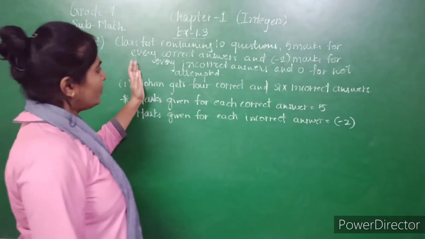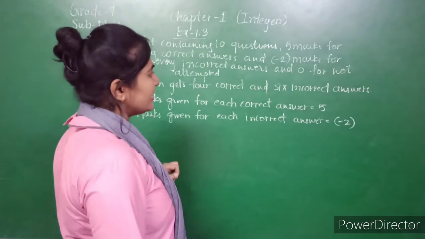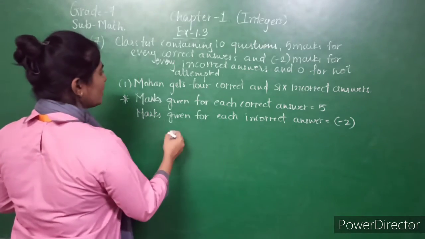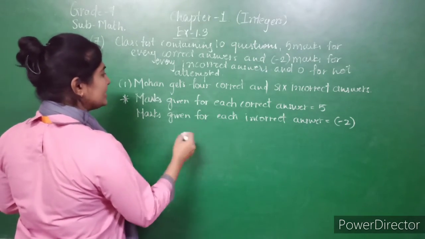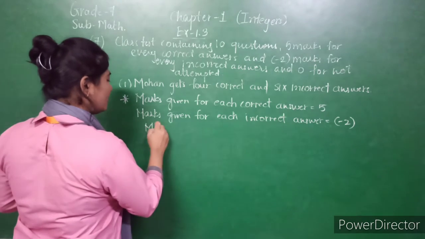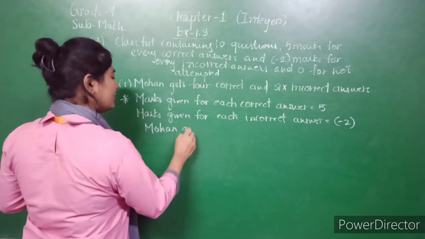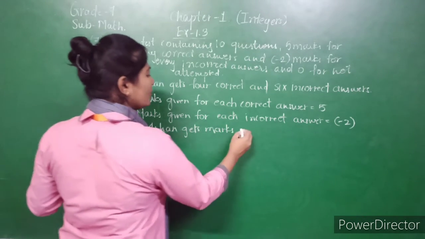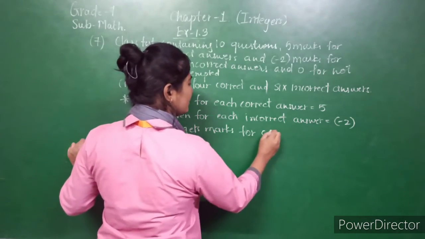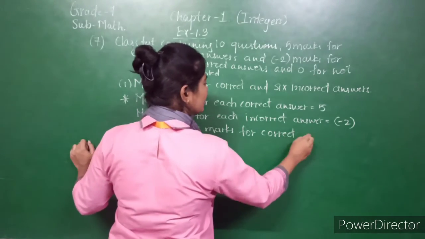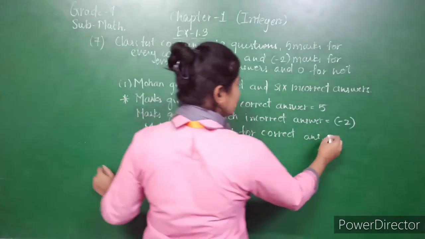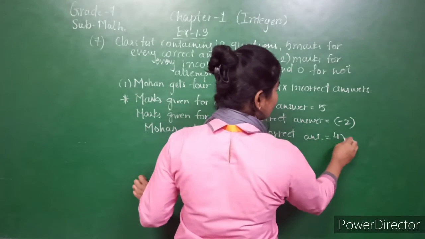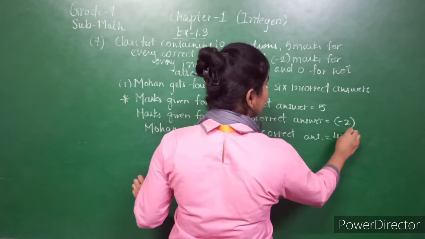Now for not attempted, 0 marks are given. Here Mohan gets 4 correct answers and 6 incorrect answers. So here we have to write Mohan gets marks for correct answer is equal to how much? 4 correct. So 4 into 5.